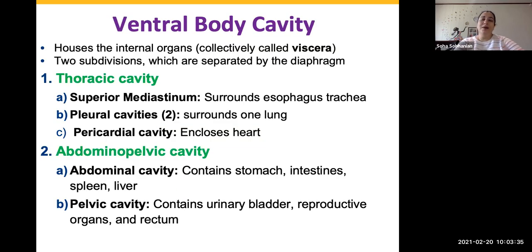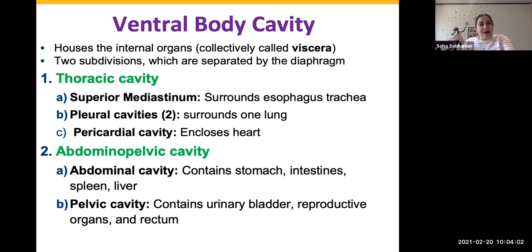So when we're talking about our body, guys, as we mentioned earlier, we have the front of the body and we have the back of the body. We have the anterior aspect of the body, which is also known as ventral. And we have the back of the body, which is posterior or dorsal.